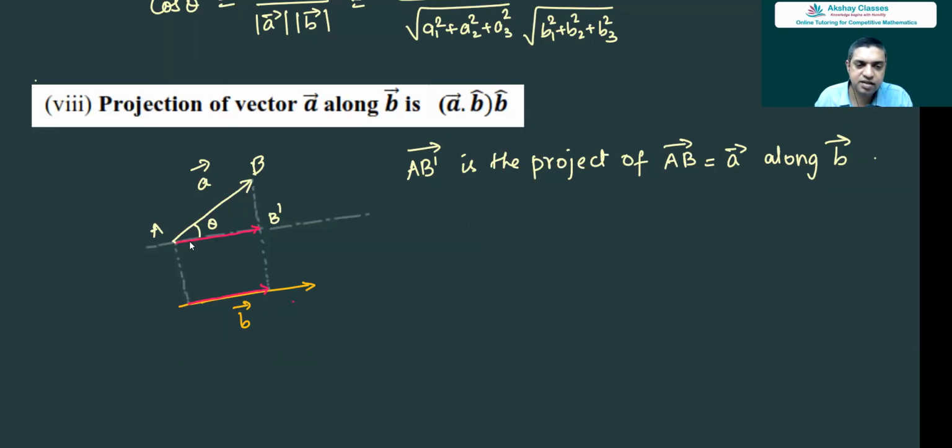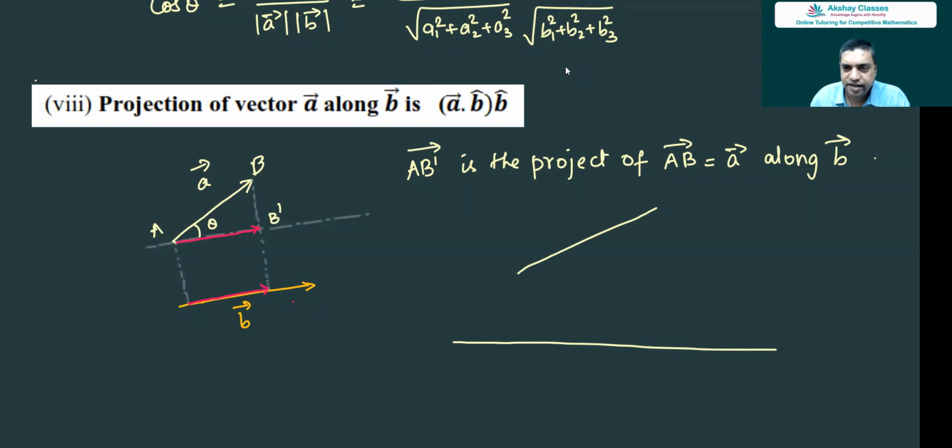So the concept of projection is this. See, let us say this is a wall and let us say this is an object, a straight line object. The projection of this object on this wall means what? It means that I take a light source from a very far distance such that the light rays are parallel.